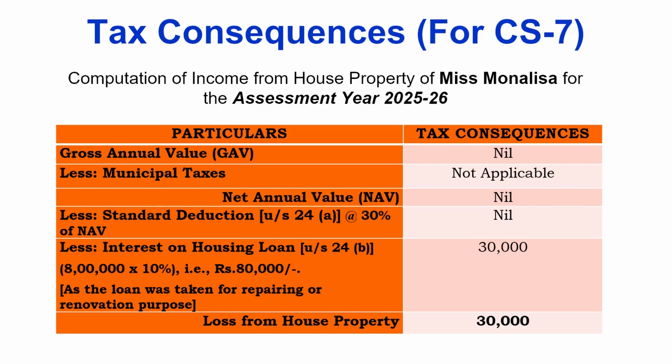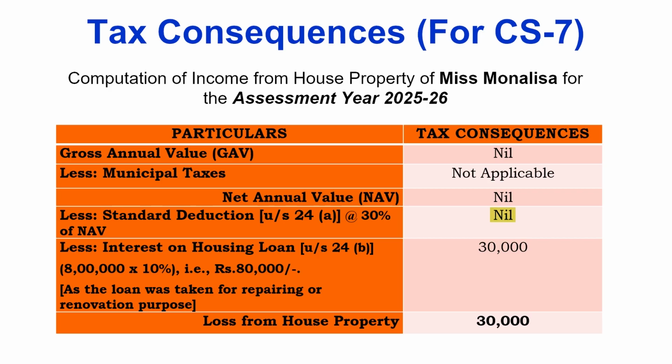Here gross annual value is nil, less municipal taxes not applicable, so net annual value becomes nil. Now we will get deductions under section 24(a), that is standard deduction 30% of net annual value. It is nil over here.